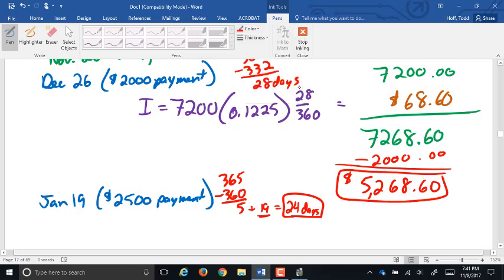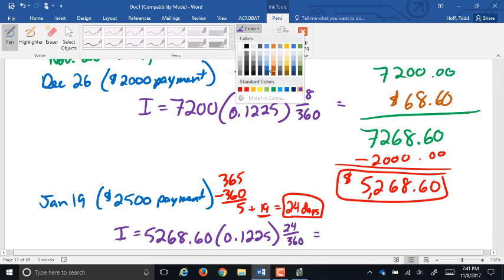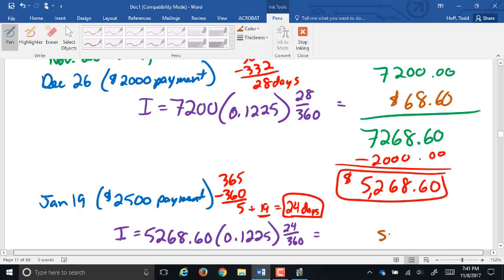So our interest, $5,268.60 times 0.1225 times 24 over 360 is going to give us an amount of $43.03. Does that look right?